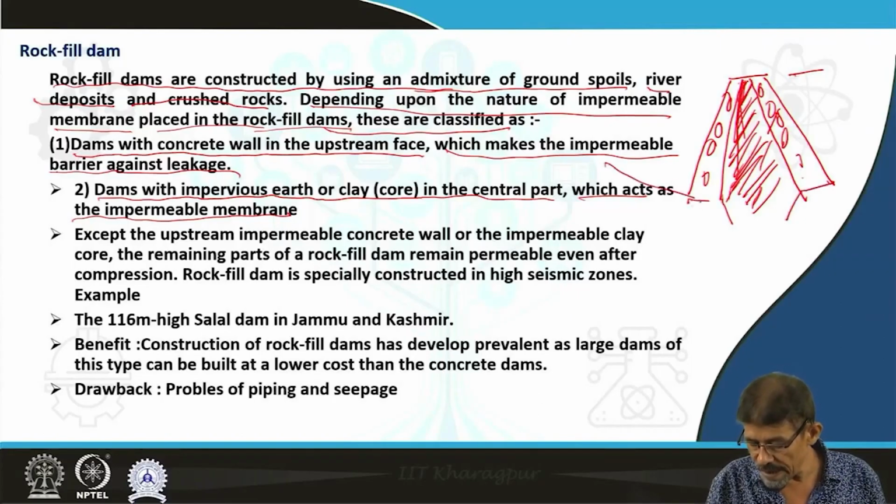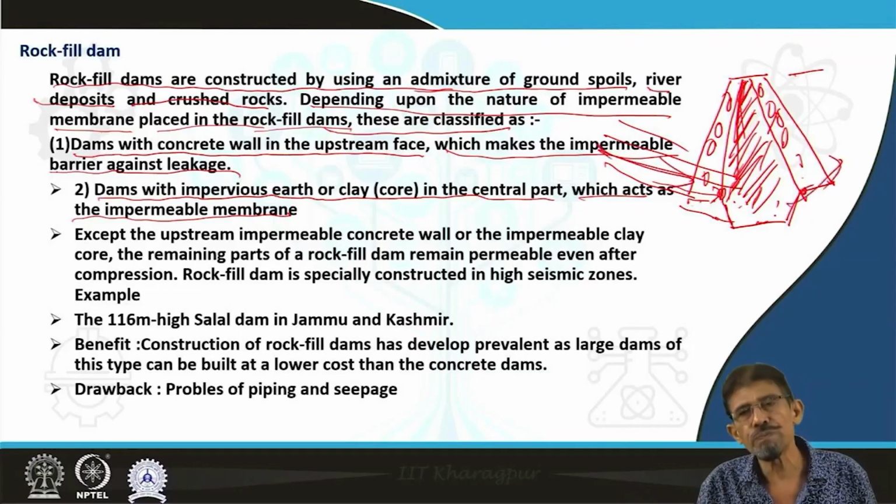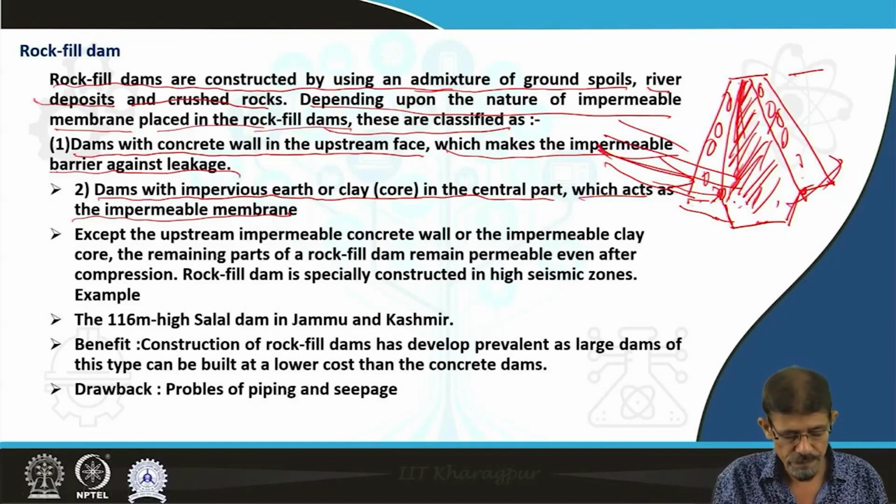So the water coming from this side can be checked properly due to this impervious barrier. None of the water is allowed to move. The water is allowed to come up to this zone only, but none of the water is allowed to move from this point to this point, meaning from the upstream side to the downstream side.